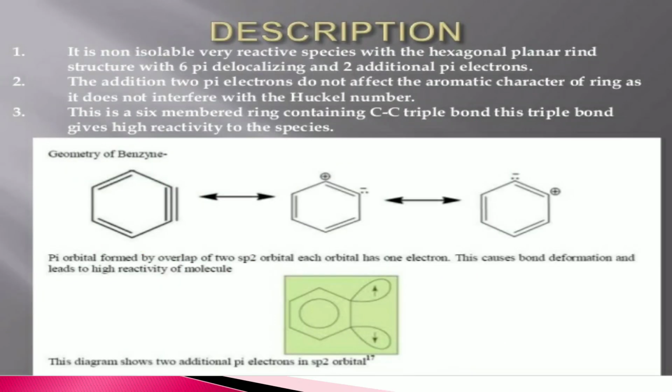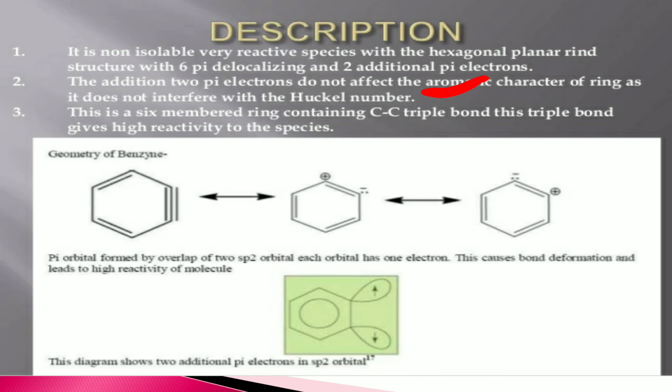Next, we are going to learn the arene intermediates. It is a non-isolable, very reactive species with a hexagonal planar ring structure with 6 pi delocalized electrons and 2 additional pi electrons. The addition of 2 pi electrons does not affect the aromatic character of the ring, as it does not interfere with the Hückel number 6.